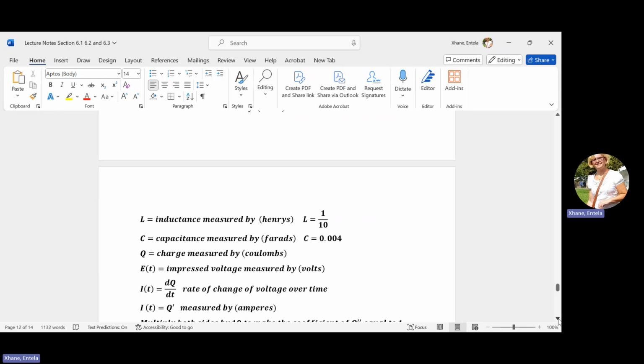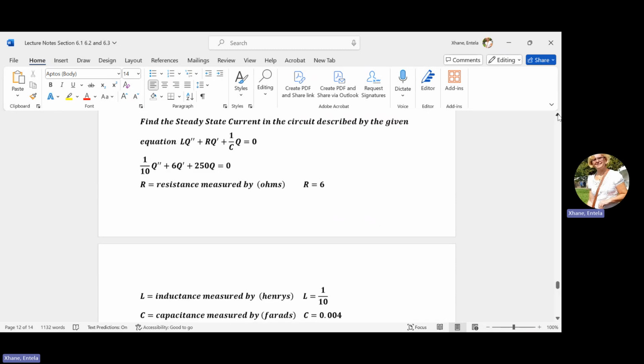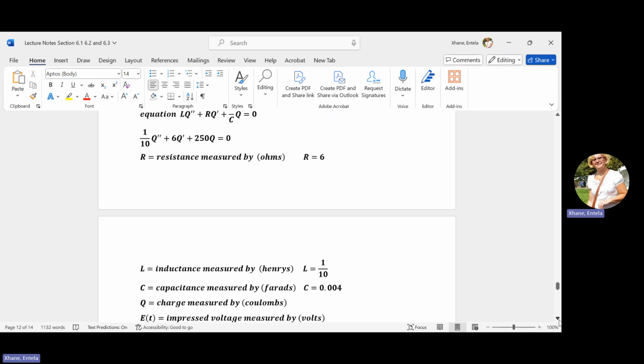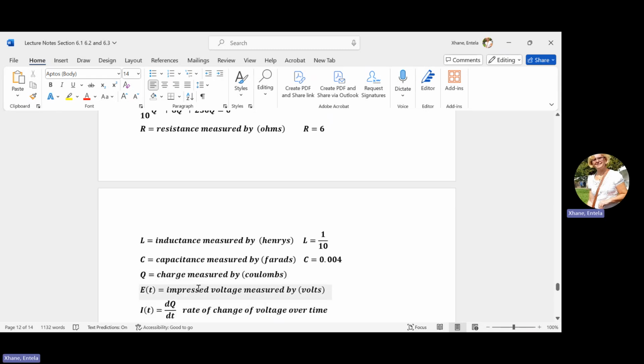C stands for the capacitance. This is measured by farads. C is 0.004, but the coefficient K is defined as 1 over C. So if you divide 1 by 0.004, you get 250. So that's why you see 250 in front of K. Now, what is Q? Remember, we are solving this in terms of Q. Q is known as charge.